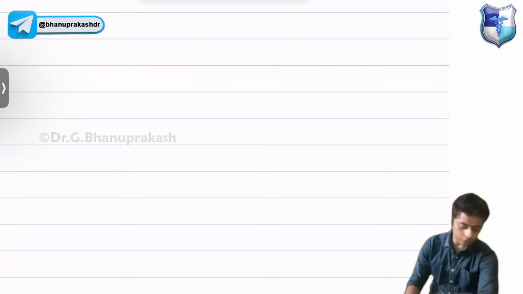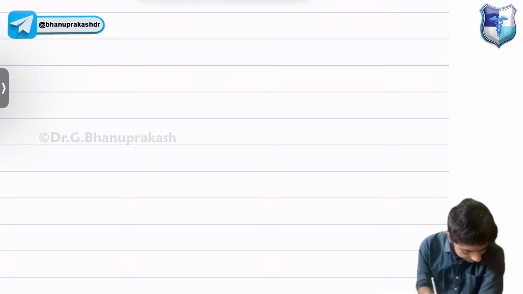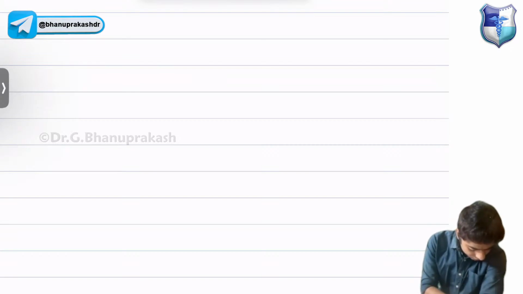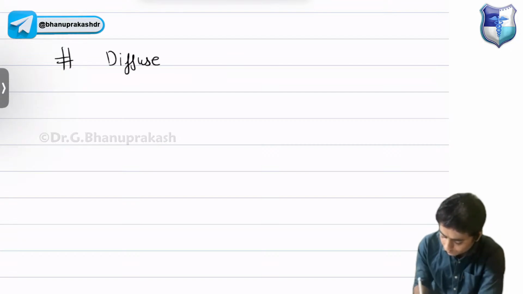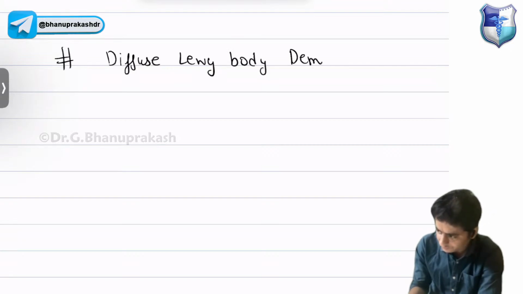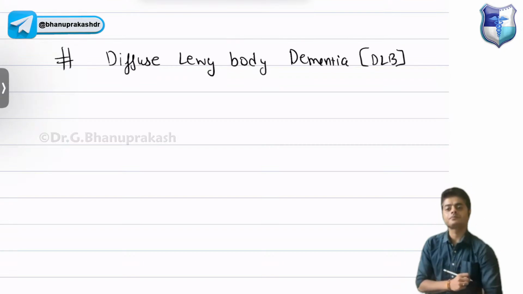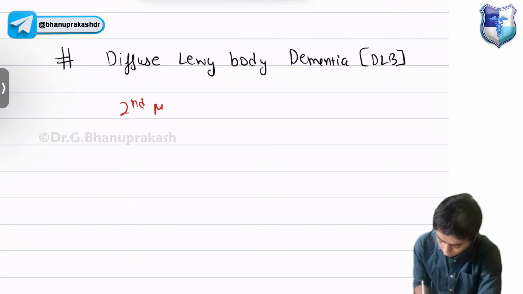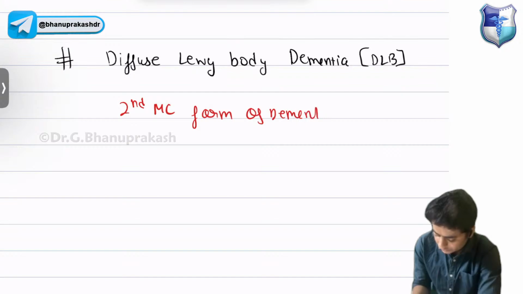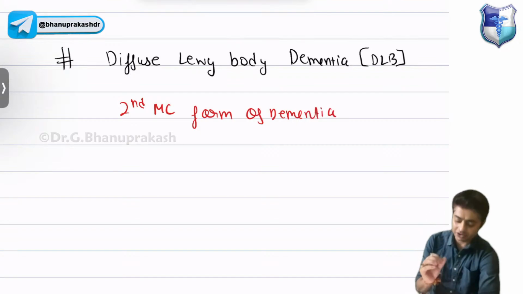Now we will come to another type of dementia, that is diffuse Lewy body dementia, DLB. It is the second most common form of dementia.